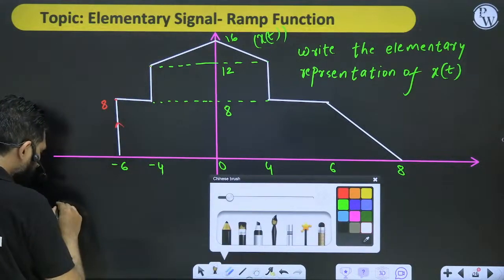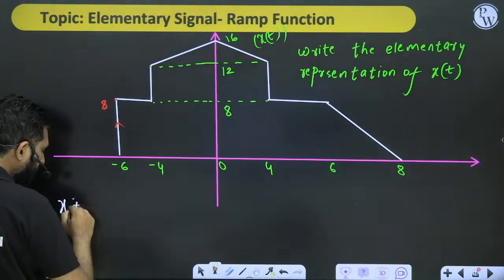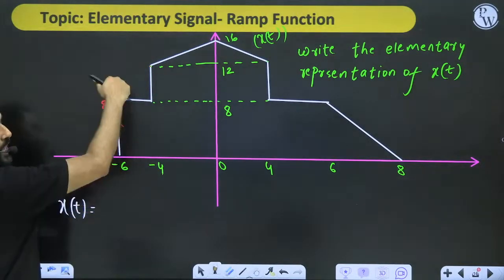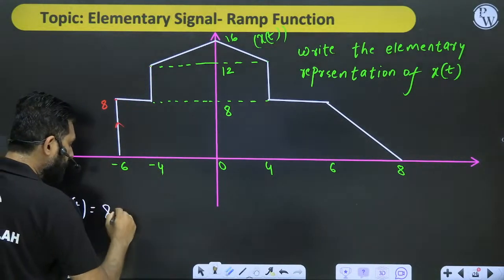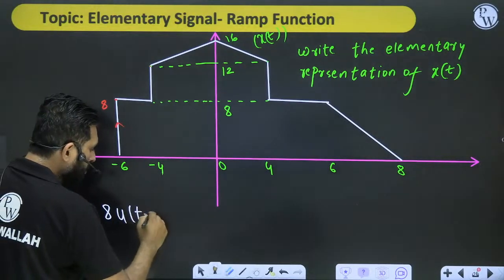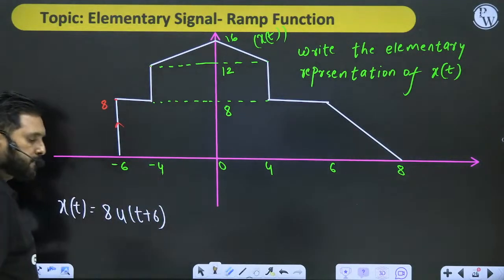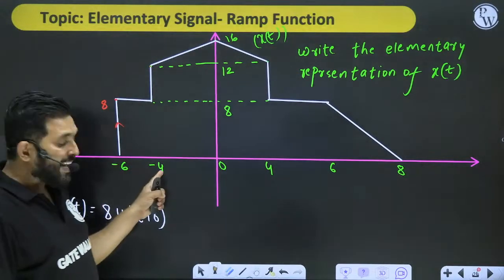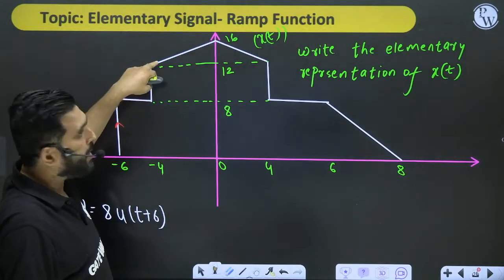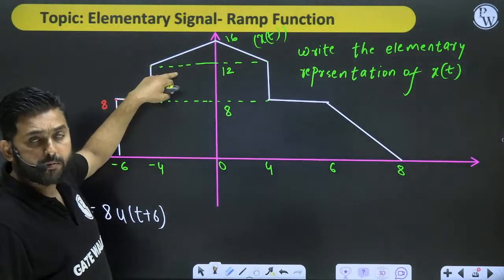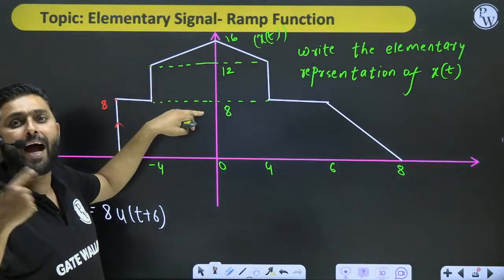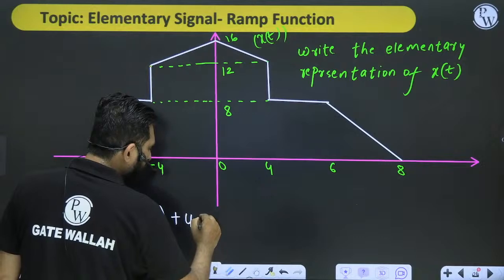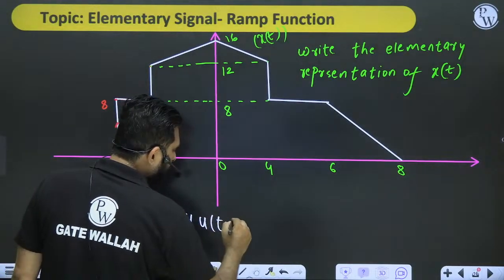See here. x(t) can be written as, see, at minus 6 we have an 8 jump, means 8u(t+6). 8u(t+6). Now at minus 4, this 8 jump becomes a 12 jump. So this means that on 8 you add something. What have you added? Plus 4u(t+4).